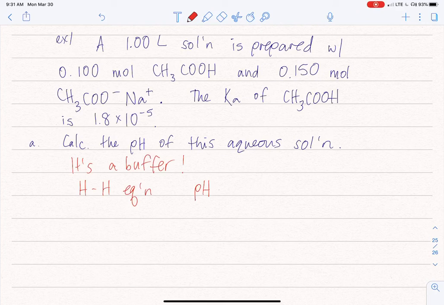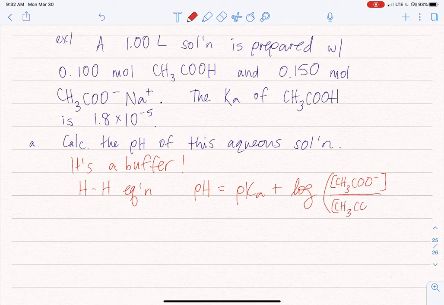The pH of a buffer can be calculated as the pKa plus the log of the concentration of base, which in this case is the acetate, over the concentration of its conjugate acid, which in this case is the acetic acid. So this will enable us very easily to figure out the pH of this solution.